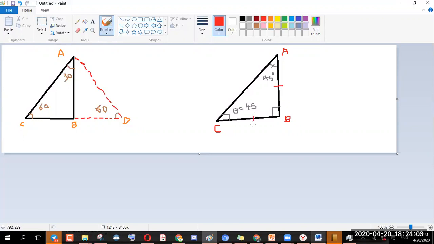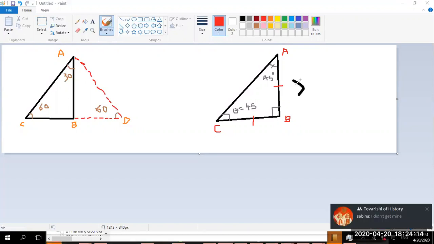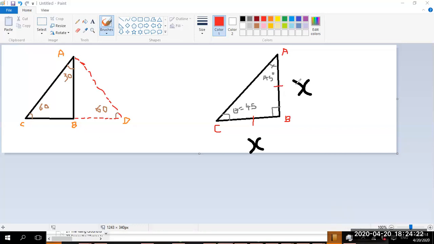Now I'm going to turn on annotation mode. We're going to take AB as x and BC as x as well, because they are the same.